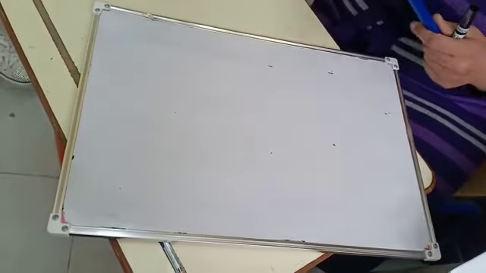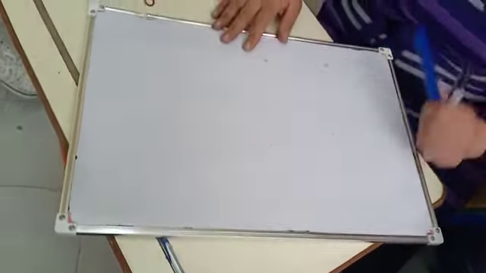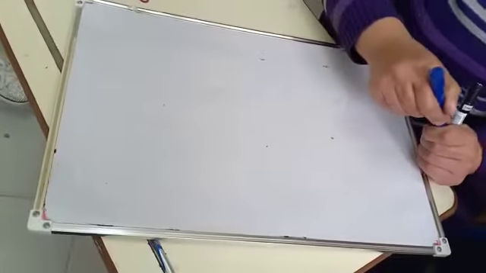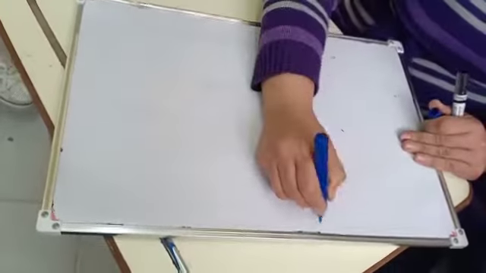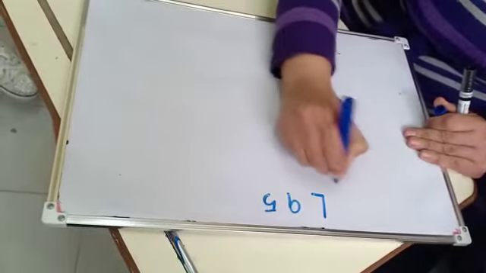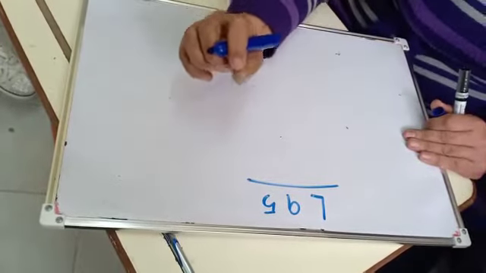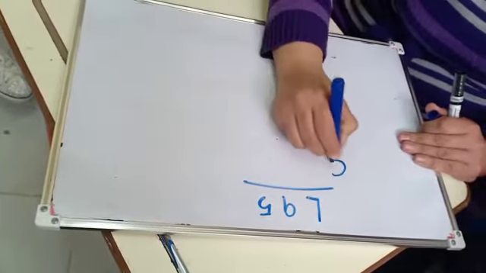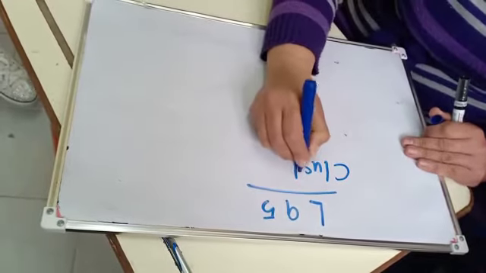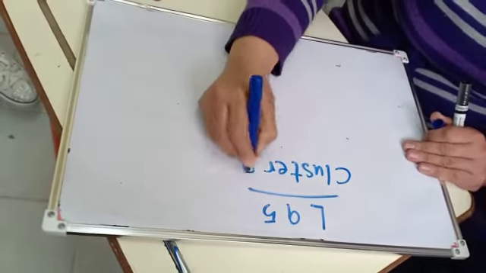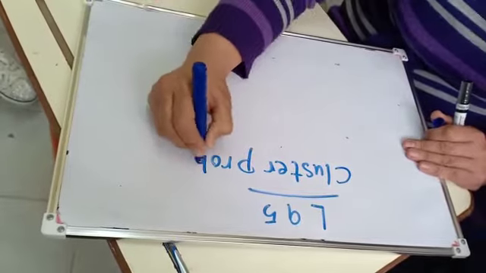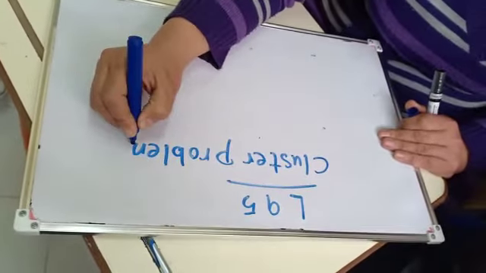Today we are going to take a very small idea, but it is very important in our life. Lesson 95. The most important word to know today is cluster problem. What's the meaning of cluster problems?